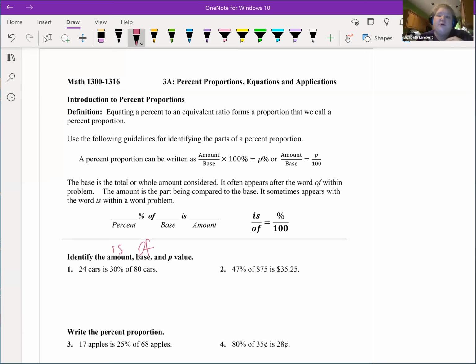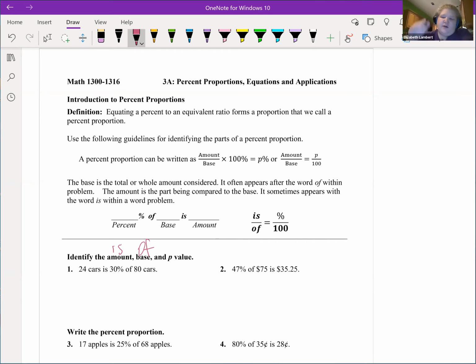Sometimes, though, we will talk about percents that are larger than the base. So I don't want you to assume the base is the larger number, but usually it is. And it definitely is if the percent we're looking at is between 0 and 100. It's when the percent starts getting bigger than 100 that the bigger number is no longer going to be the base. So I want you to focus on position more than the size of the numbers.